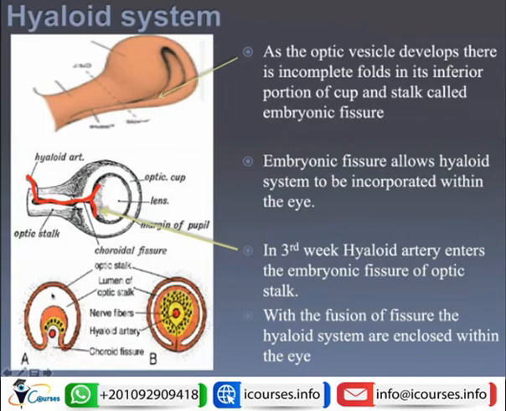So as you can see here, this is the optic stalk, and this is the developing hyaloid artery, and this is the embryonic fissure. The embryonic fissure will later on close, leading to incorporation of the hyaloid artery within the substance of the nerve fibers of the optic nerve. Failure of closure of this embryonic fissure will lead to development of colobomas, as we said earlier.